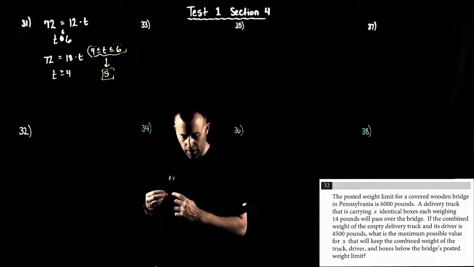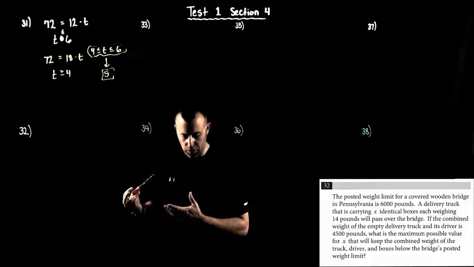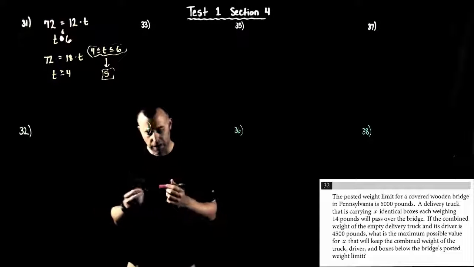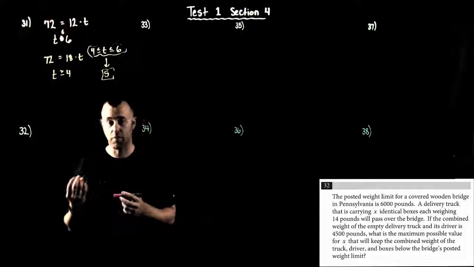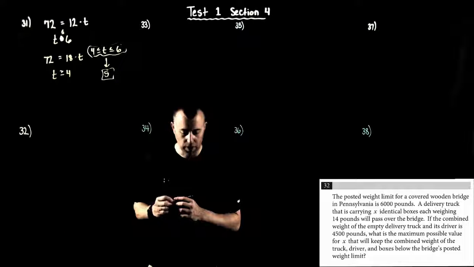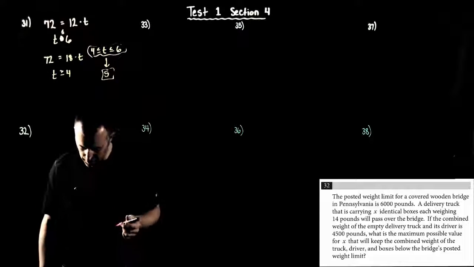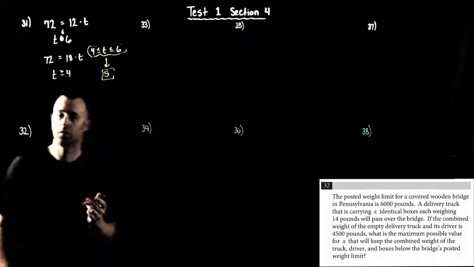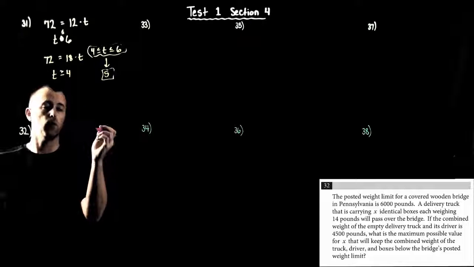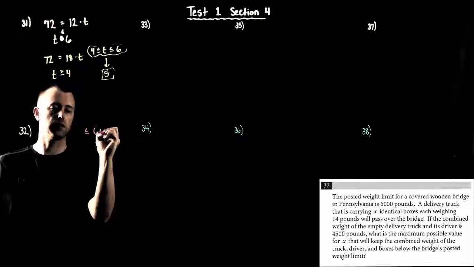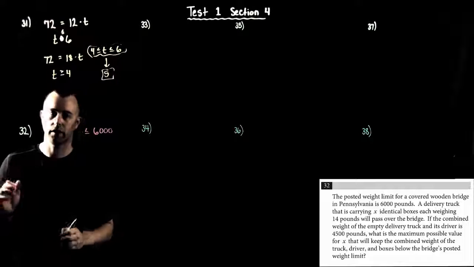And then, if the combined weight of the empty delivery truck and its driver is 4,500 pounds, they want the maximum value for x, so how many boxes can we hold so that we stay under that 6,000 pound limit. So what we're getting is something like a linear equation here, in slope-intercept form. We want to make sure that whatever we get is less than or equal to 6,000, because we want to be under that weight limit.